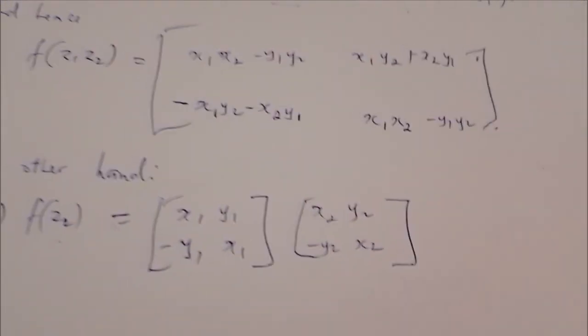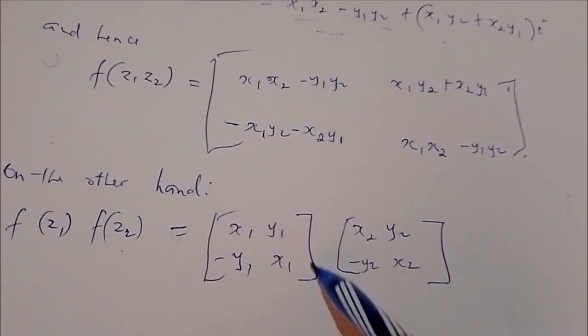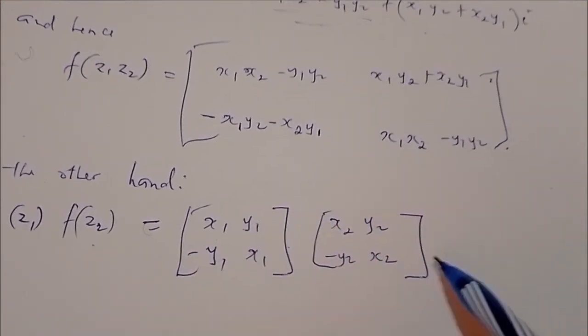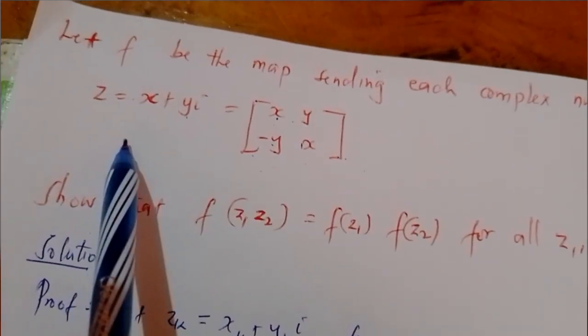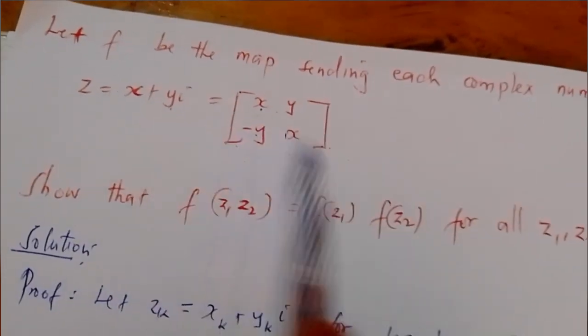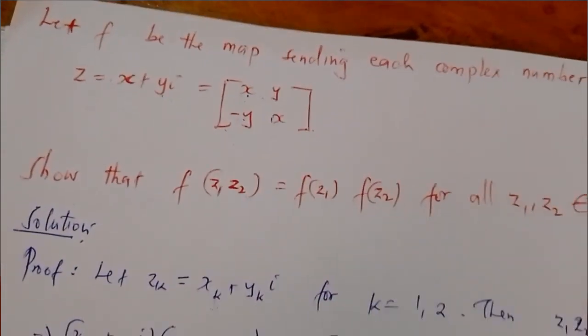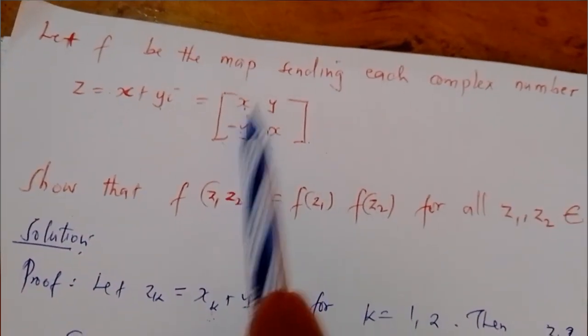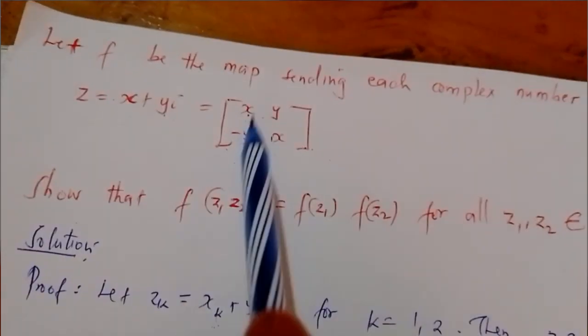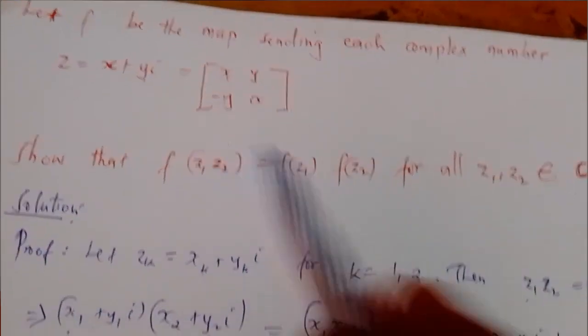We get the product of f(z1) and f(z2). Remember, f(z) is given by this, and z is given by x plus yi, but f(z) is given by x, y, negative y, x. So for f(z1) we just put 1, and for f(z2) we just put 2. Simple as this.